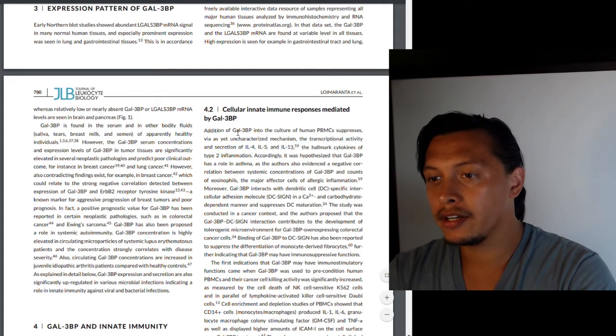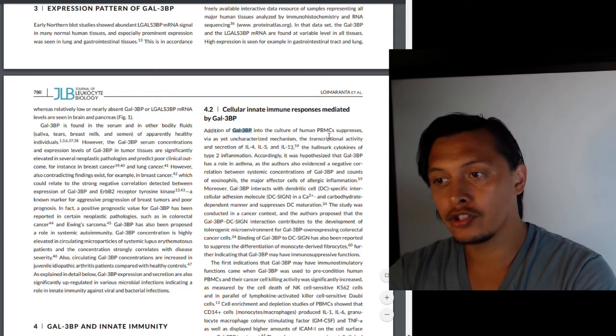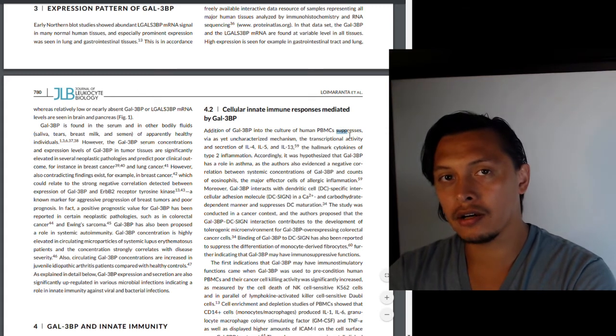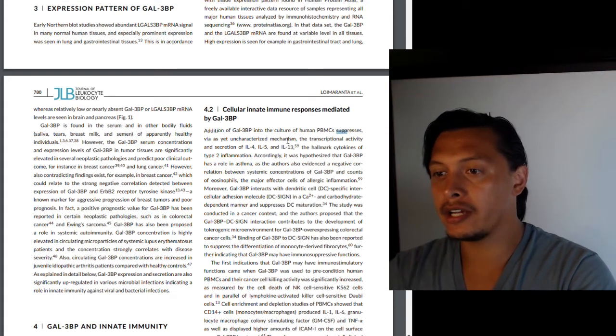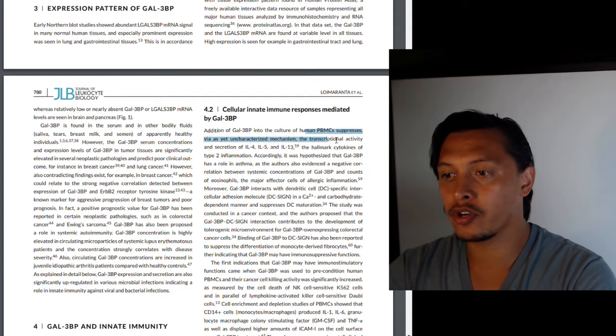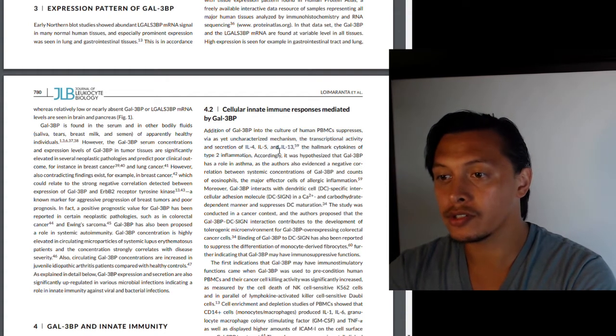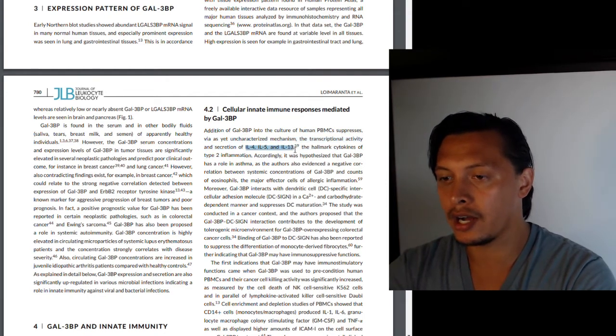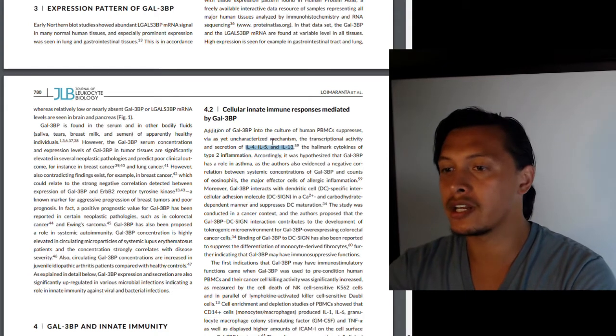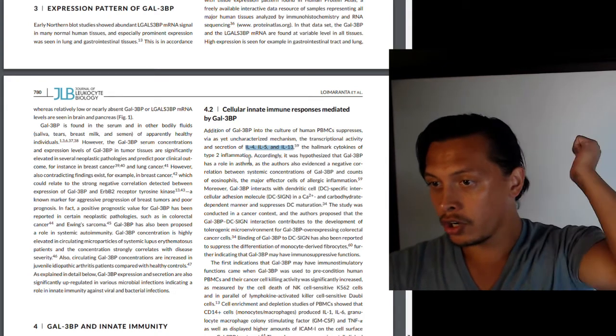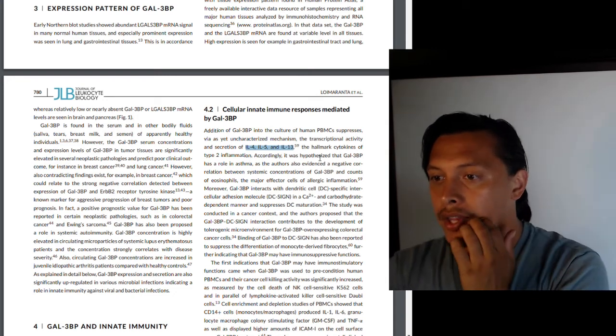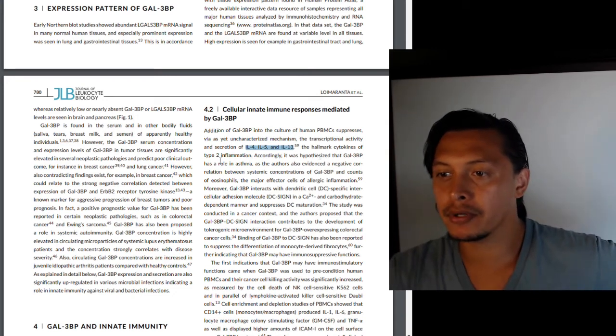So if you add Gal3BP to these lymphocytes, it ends up suppressing the transcriptional activity of these interleukins, which I believe these might be, well, these are cytokines. Granted, I think these are anti-inflammatory cytokines. Oh wait, no, they are the hallmark cytokines of type 2 inflammation.